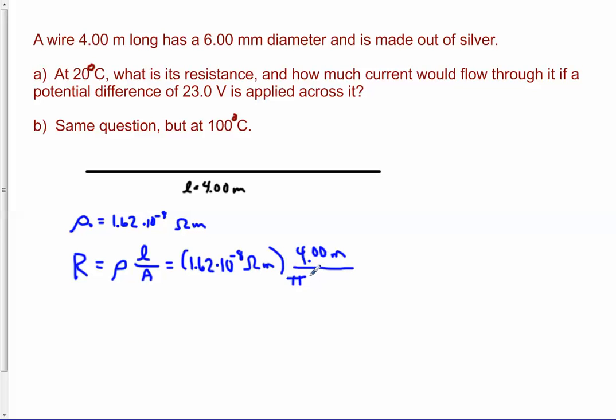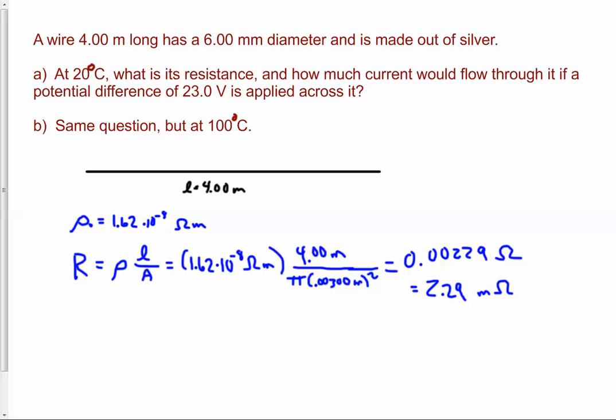So that would be pi r squared, right? Pi times 0.00300 meters squared. You can see that we'll have meters on top, meters squared on bottom, but we have another meter in the resistivity, so the meters all cancel and we'll be left with ohms. And this turns out to be 0.00229 ohms, 2.29 milliohms.